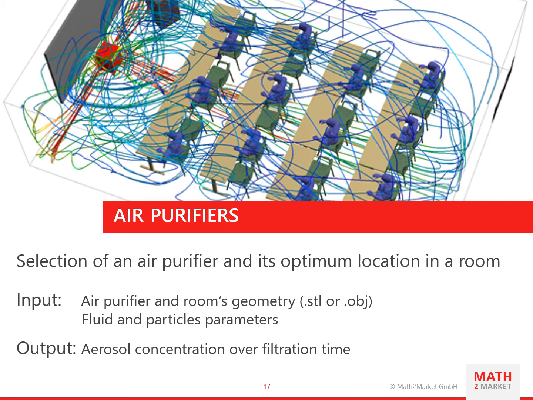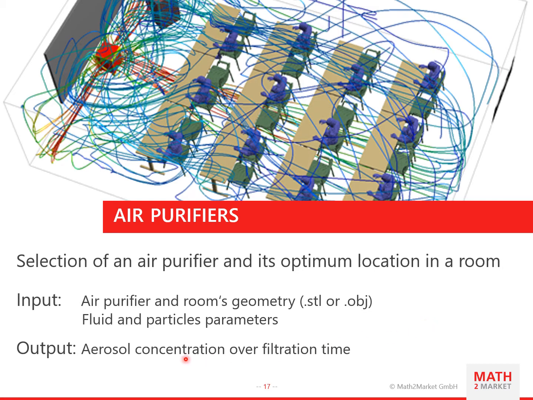So the goal here is the correct selection of an appropriate air purifier and also the selection of its optimum location in a room. For such simulations, the input data that we need, as shown here on the top, is the geometry of an air purifier and rooms as STL or OBJ formats.